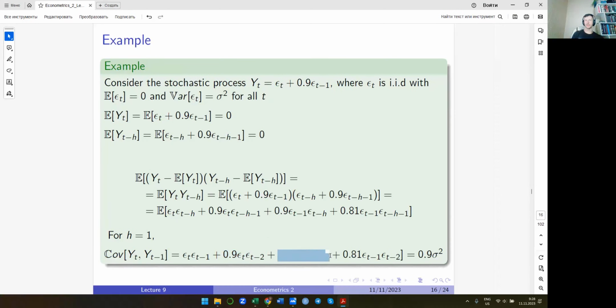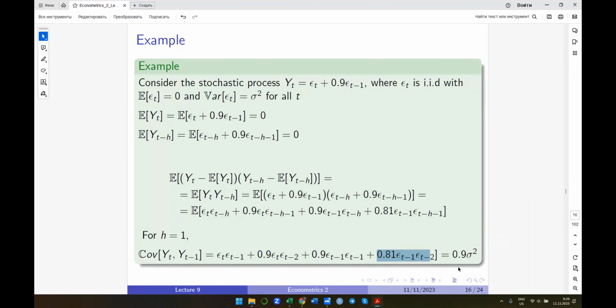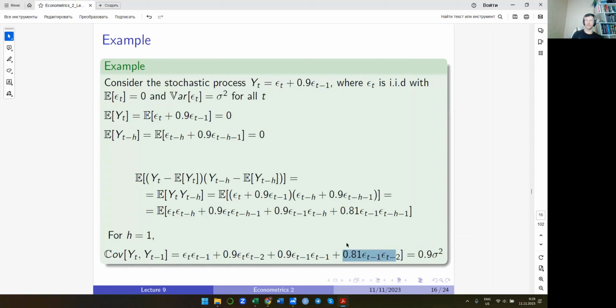And here is a catch: the expectation of this term, epsilon_{t-1} times epsilon_{t-1}, is the variance of epsilon_{t-1}, which is sigma squared. And this one is also 0. Finally, the covariance between y_t and y_{t-1} is 0.9 sigma squared.